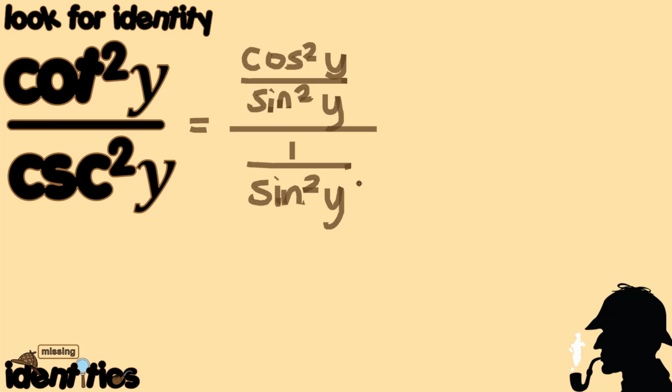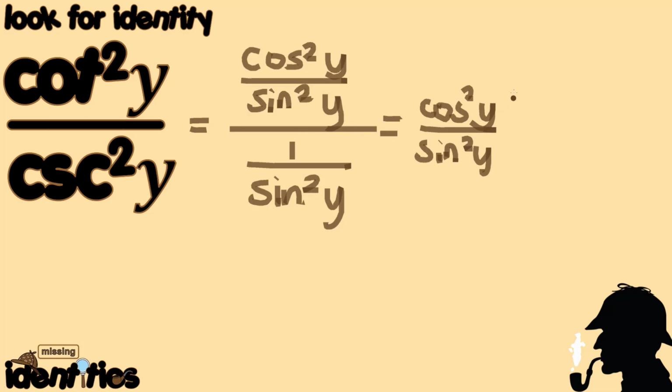Now from here, we can see that we are dividing two rational expressions, and let us use here the keep, change, flip method. The keep, change, flip method is used for dividing fractions and rational expressions just like this. It means that we keep the first term, or our numerator, so it stays cosine squared of y over sine squared of y.